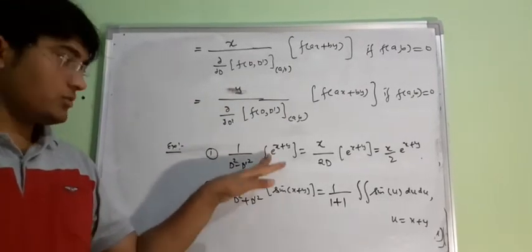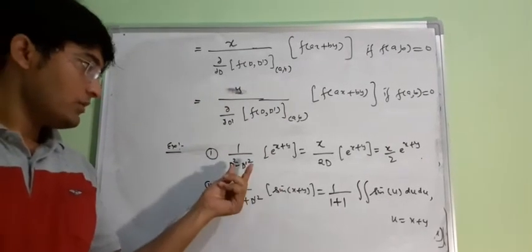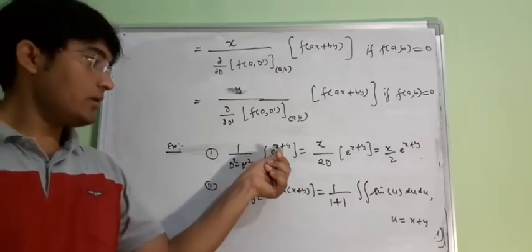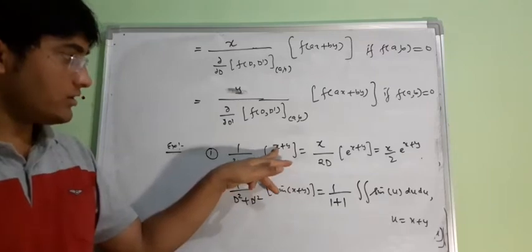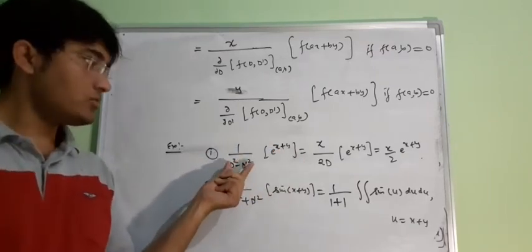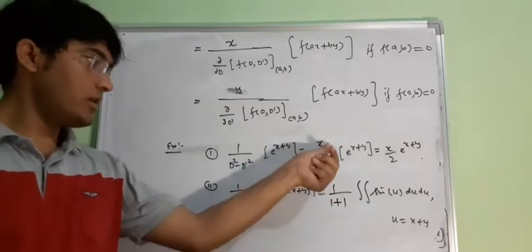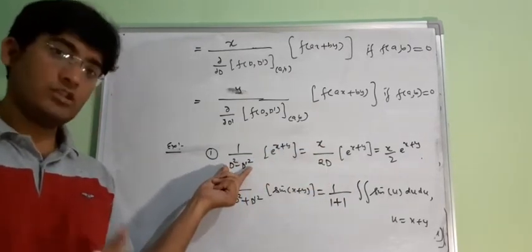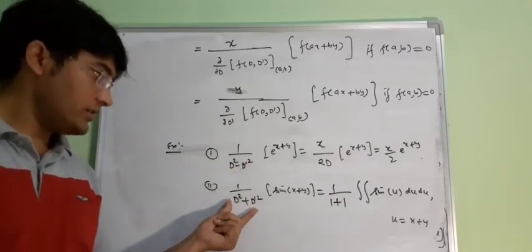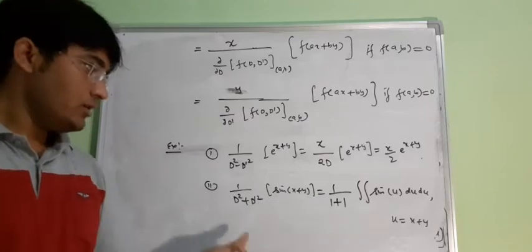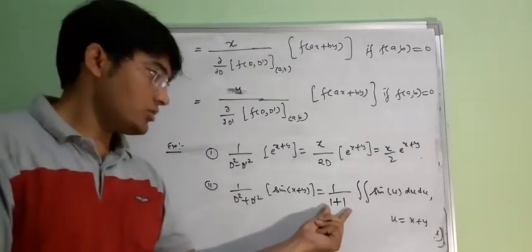There is a difference between these two questions. In the first question, our denominator was 0 at (a, b). Here you can see that our a is 1 and b is 1. So this was 0, and we used a different formula. In the numerator we wrote x and differentiated with respect to D. Here, as the denominator is not equal to 0 at (a, b), it was 2.